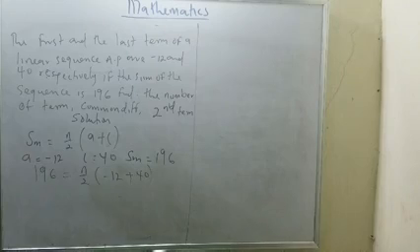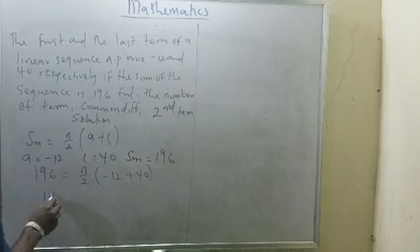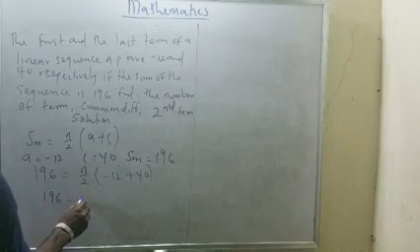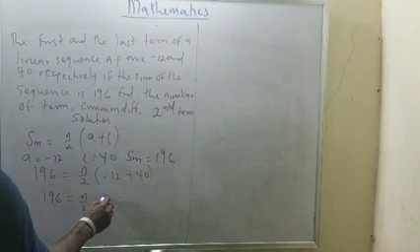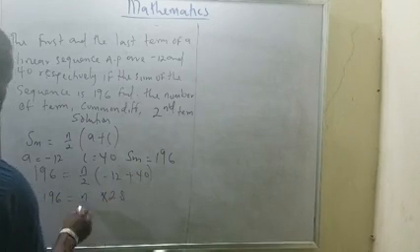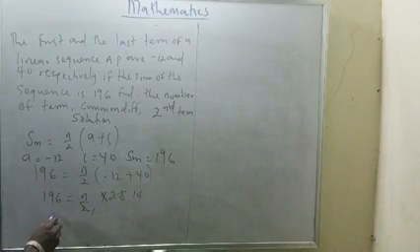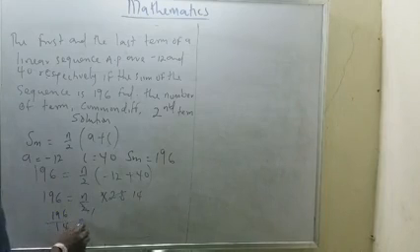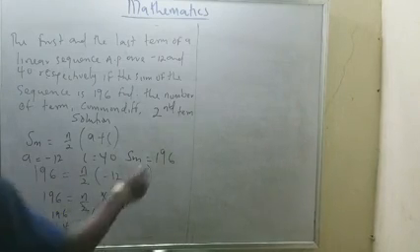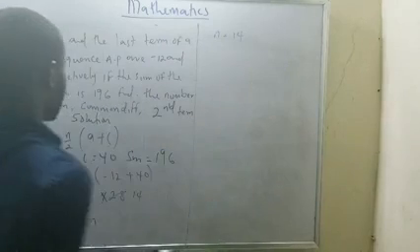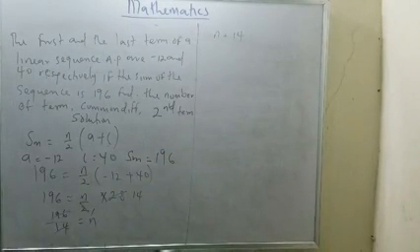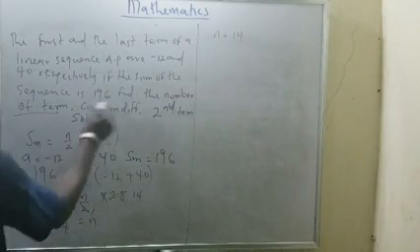Minus 12 plus 40 will give me 28. It means 196 equals n all over 2 multiplied by 28. 28 over 2 is 14. Now, divide both sides by 14: 196 all over 14 equals n, which means n equals 14. It means the number of terms is 14.